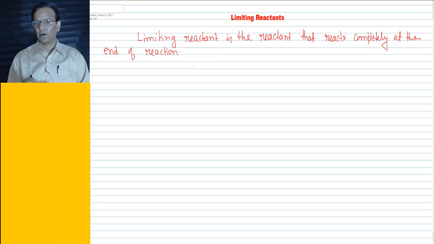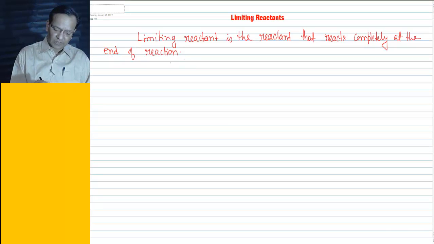To illustrate it, let us take a very simple example of a chemical reaction.